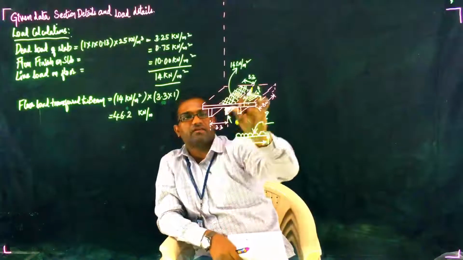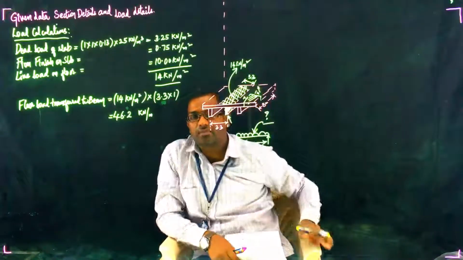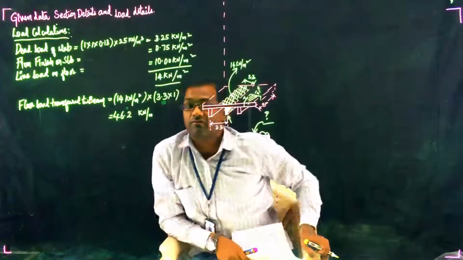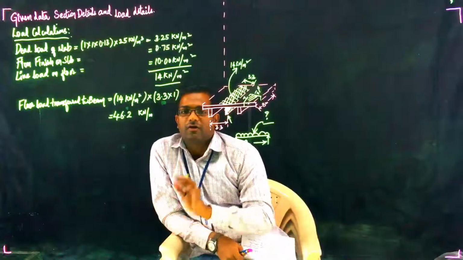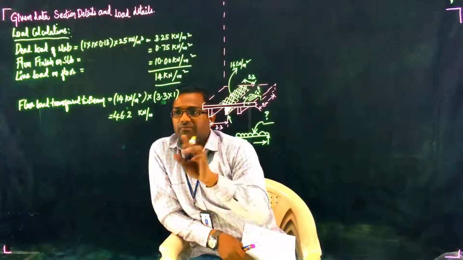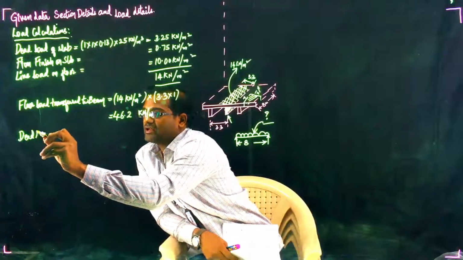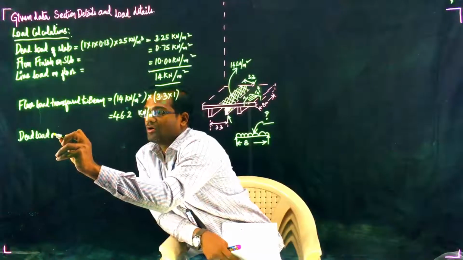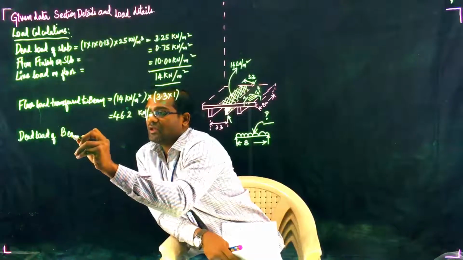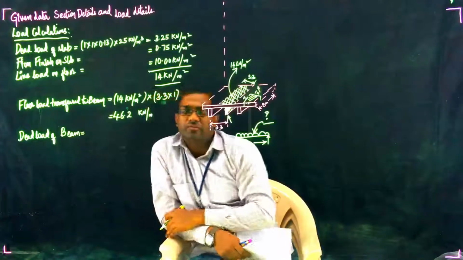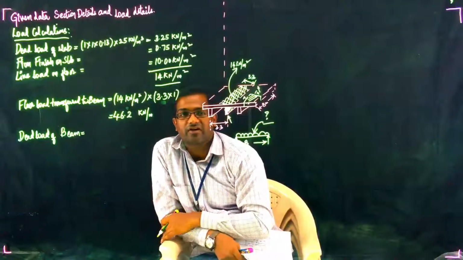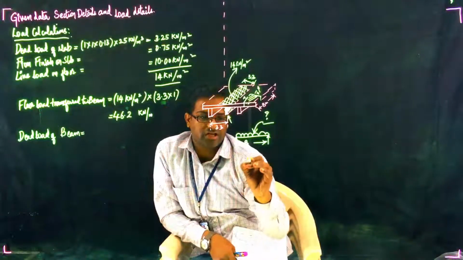Now, because we have calculated the total load which is coming onto the beam from the floor, now we need to calculate the beam weight. So we will represent it as dead load of beam. Now dead load of beam, how will you calculate? In the given data, the beam cross sections are given to you.